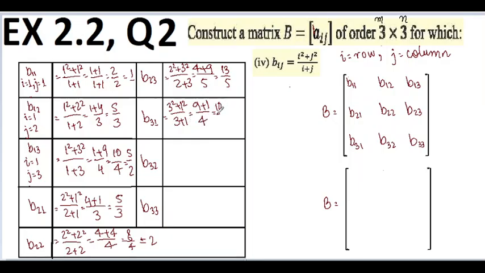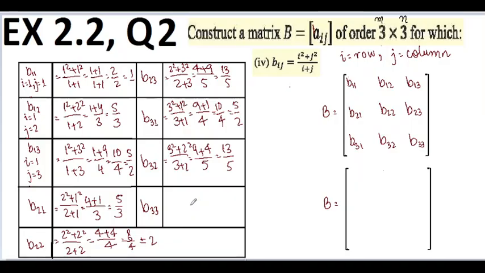So 10 by 4, which is equal to 5 by 2. The next term would be 3 square plus 2 square whole divided by 3 plus 2, which is equal to 3 square gives us 9 plus 2 square gives us 4 whole divided by 3 plus 2 gives us 5. 9 plus 4 is 13 by 5.